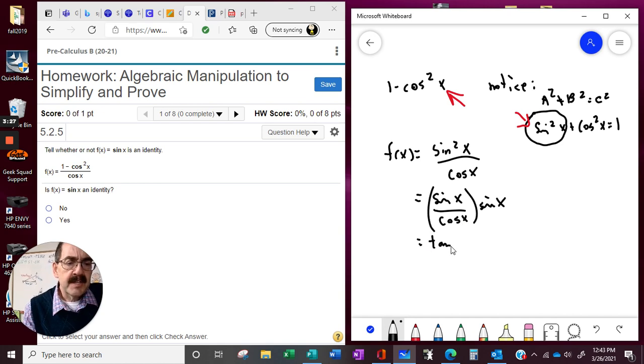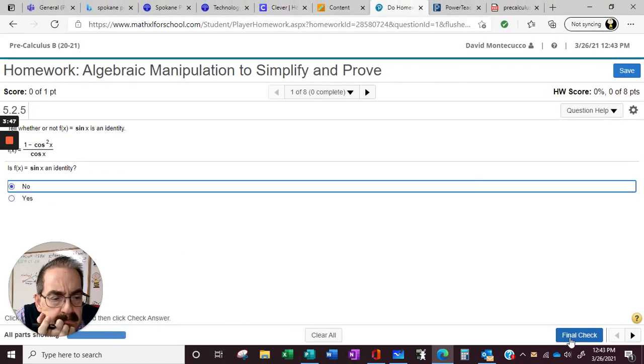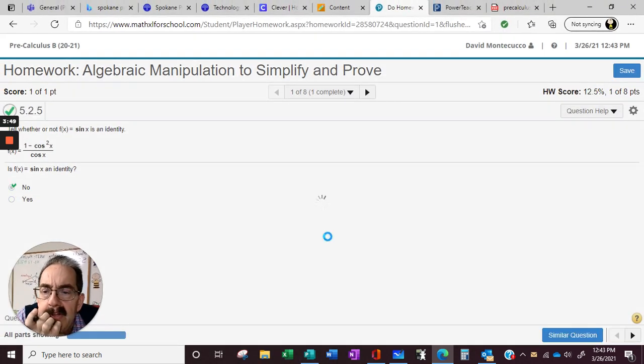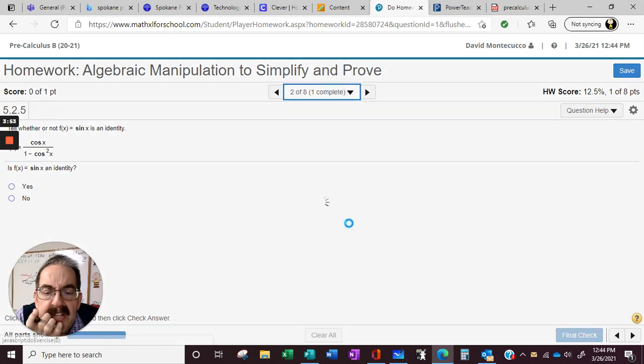And that's tangent of x times sine x. It's asking if sine of x is an identity. I'm not seeing it. I'm going to say no. Yep, good. So my agreement was I'll try the first and the last one.